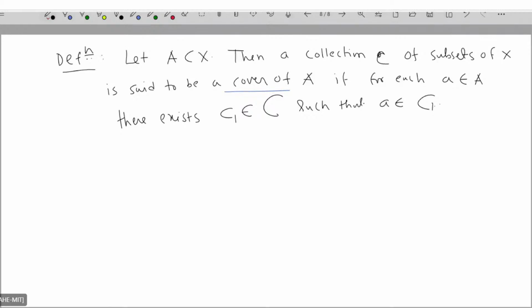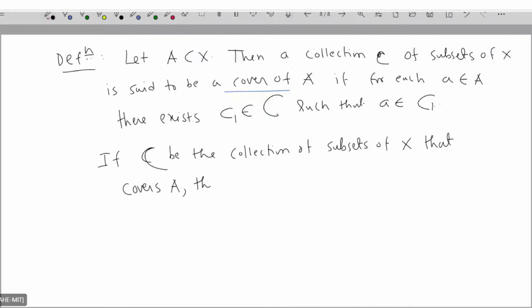So if C is the collection of subsets of X that covers A, then C will be called an open covering of A. If you want to make it more specific, you can say that A is covered by open subsets of X, because we have the notion of subspaces, so sometimes we want to distinguish where we are taking the open sets from.